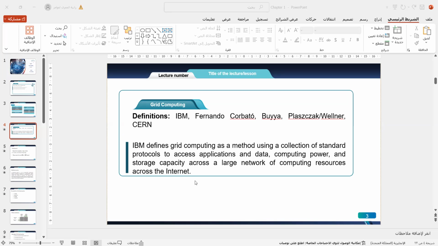So, the computers participating in a grid contribute resources such as processing power, network bandwidth, and storage capacity to perform operations requiring high computational power.